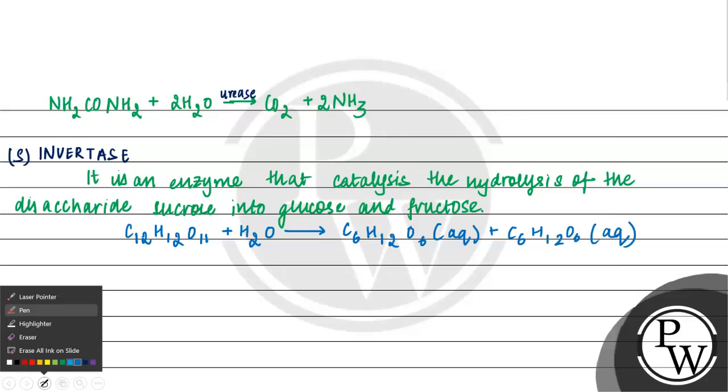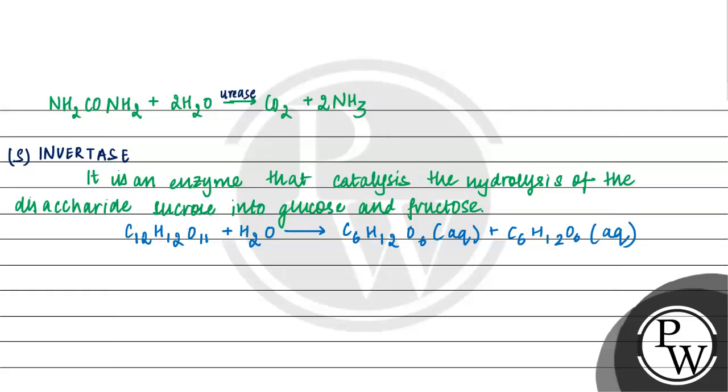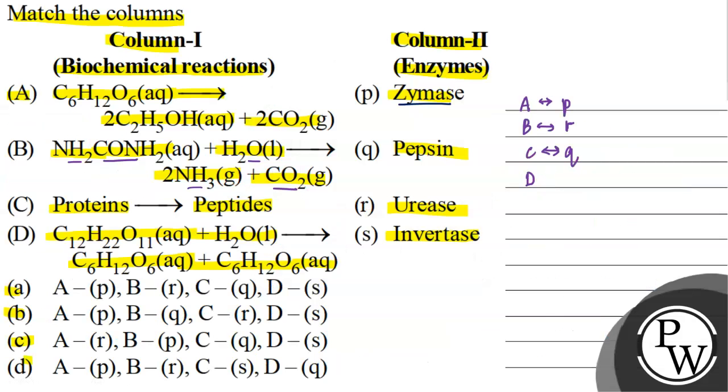This all happens in the presence of the enzyme invertase. अगर हम column में पीछे जाएं तो हमारा option number D will match with option number S.